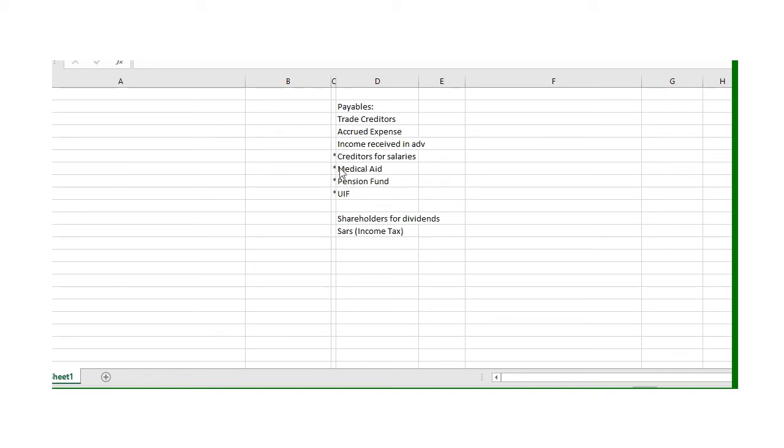You would also have creditors for salaries, medical aid, pension fund, and UIF. And then these two can either form part of payables or be shown separately under the current liabilities, and that is the shareholders for dividends, and then income tax if it is a credit. Remember, we calculated it a bit earlier on. So let's go and look for these figures.